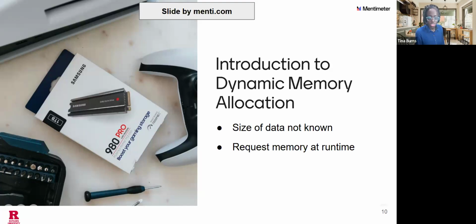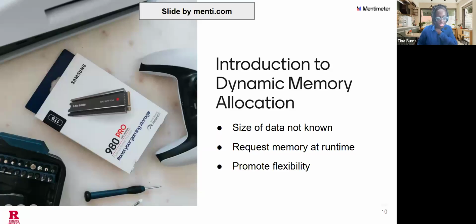So when you run this program, you have to find a way to request or get access to memory without knowing how large the size is going to be. And that's why this is called dynamic memory allocation.